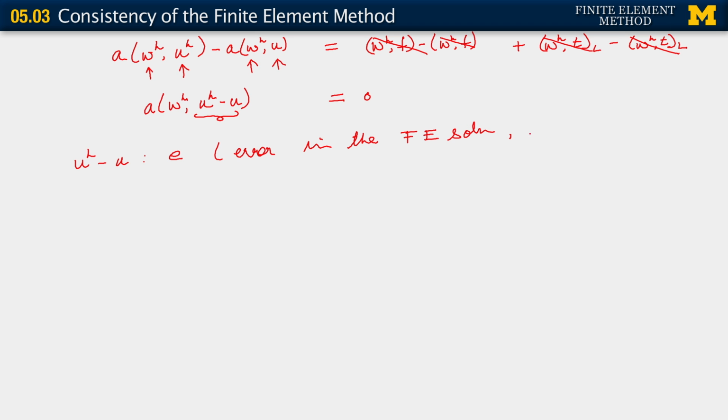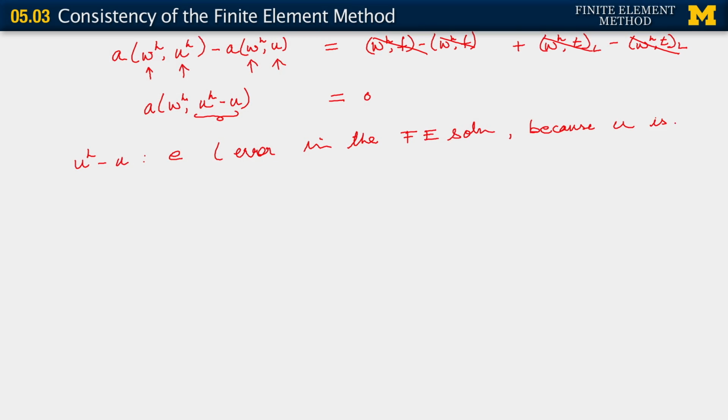And why is this? Because U, which is the solution to the infinite dimensional weak form, has to be the exact solution. The infinite dimensional weak form is equivalent to the strong form. The solution to the infinite dimensional weak form has to be the solution to the strong form, which has to be the exact solution. U is also the exact solution.